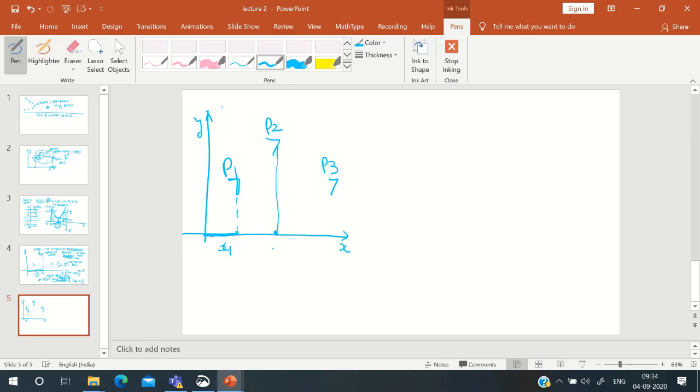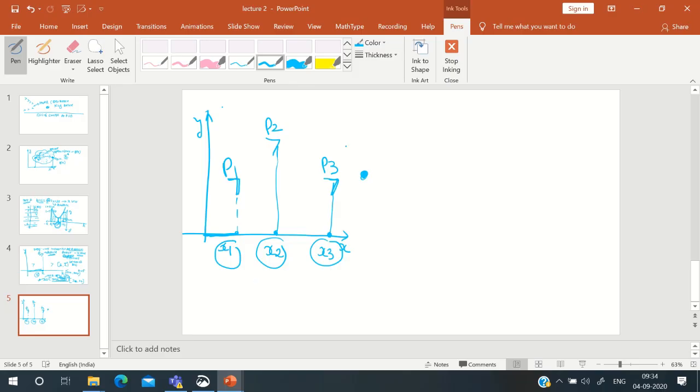This is the initialized value of particle P2, x2, and this is the x value initialized for particle P3, x3. These values are randomly generated within the feasible range. Now, as I told earlier, each particle will travel in the feasible space and ultimately try to reach this optimum solution.